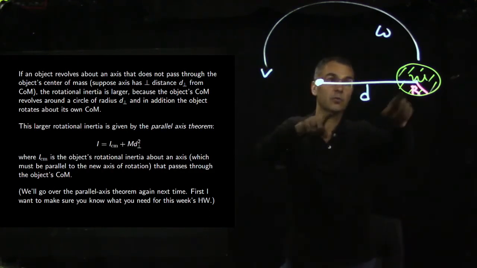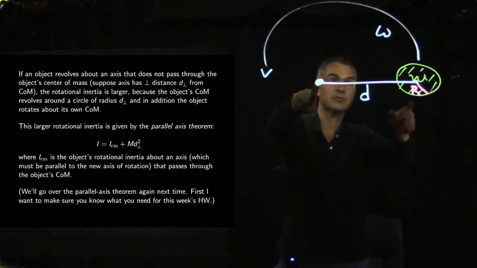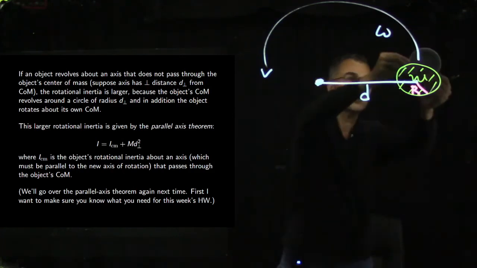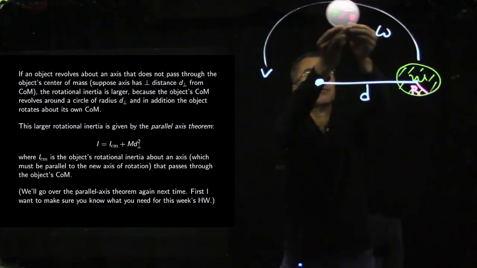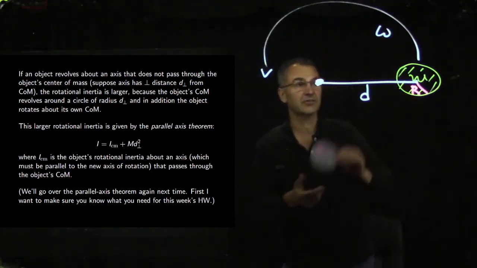And I want to know, what is this thing's rotational inertia if I consider it to be rotating about this axis instead of rotating about its center of mass? Notice that every time it goes around that axis, it actually revolves once about its own axis as well.